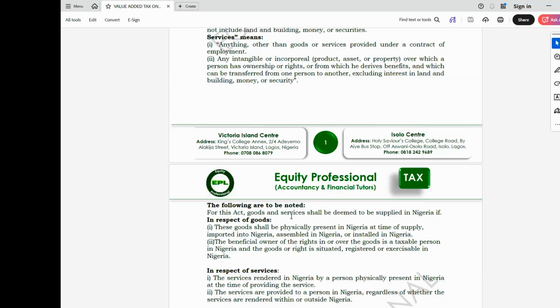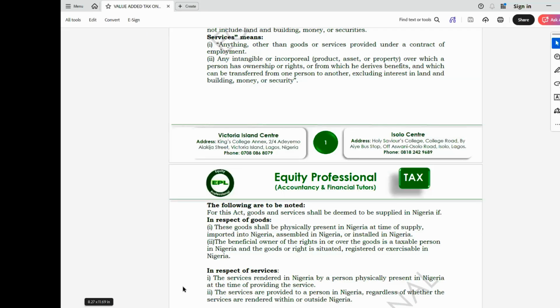In respect of goods, an item is supplied in Nigeria if that item is physically present in Nigeria at the time of supply. For you to say an item is supplied in Nigeria, that item must be physically present, available here in Nigeria.